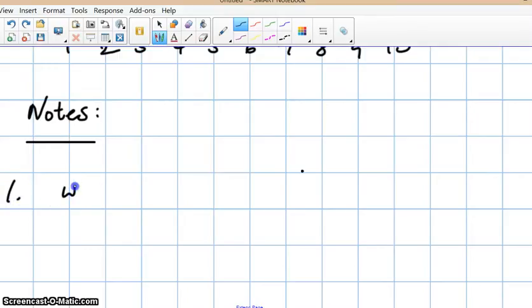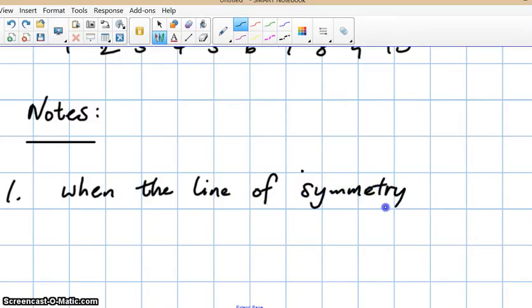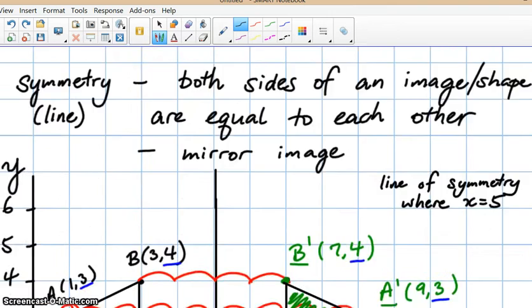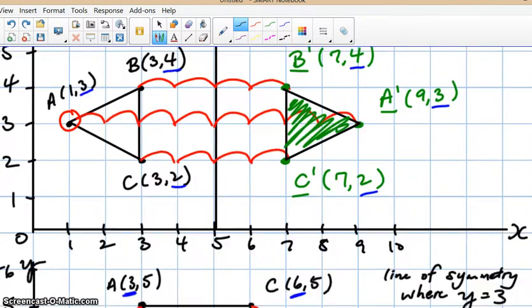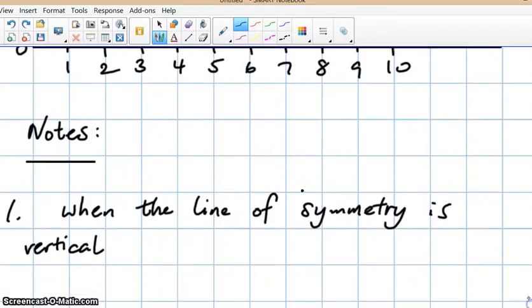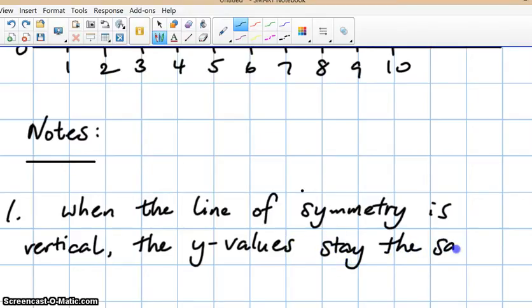Number 1, when the line of symmetry is vertical, and remember that was our example in the first one up here, which set of values stayed the same? It would have been the y values. The y values stay the same, and the x values change. But we'll just jot down the y values stay the same.